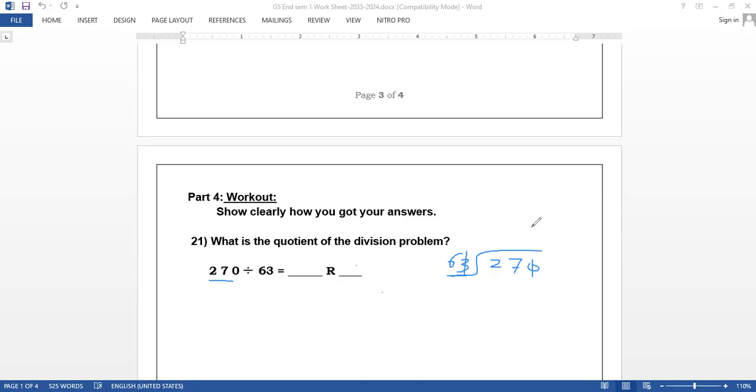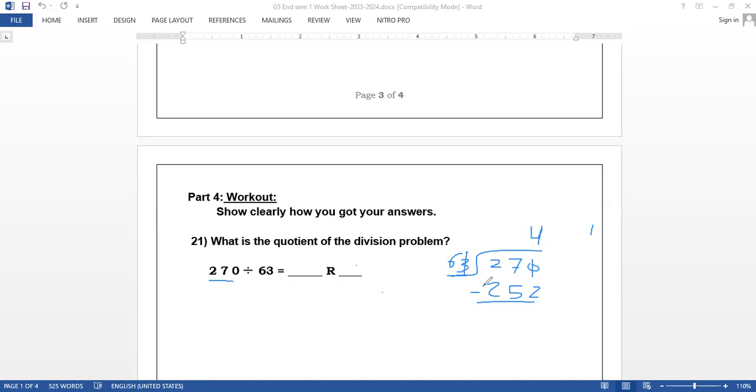So let me try 4. 4 multiplied by 3 is 12. 4 multiplied by 6 equals 24 plus 1, 25. So it's very close to 270. So I just hide this number and this number to guess how many 63. Does it make sense? Yes, it makes sense.